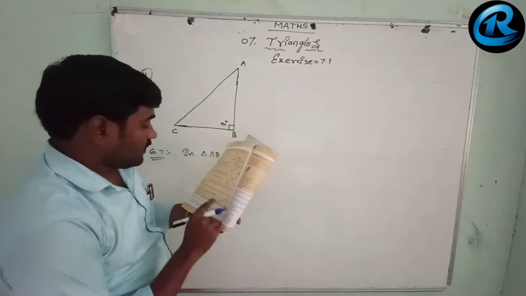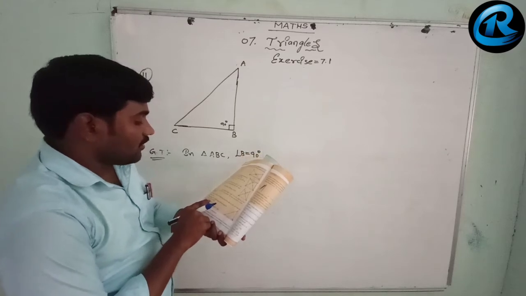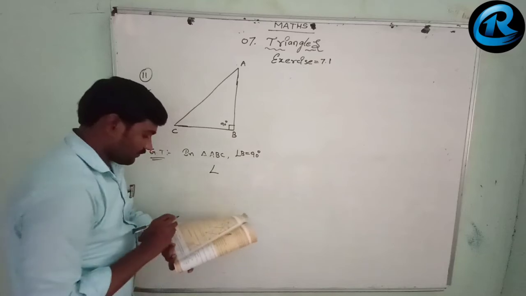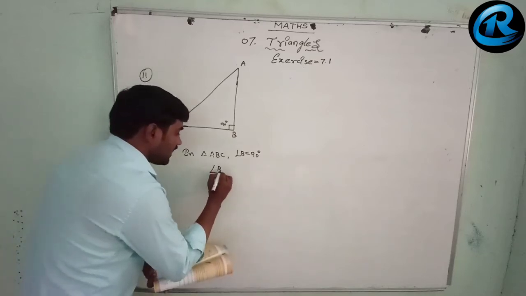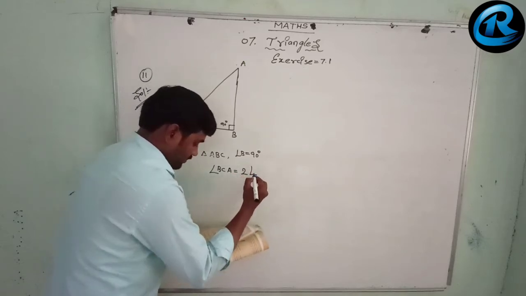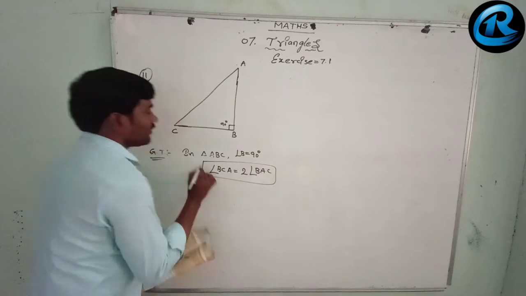ఇప్పుడు ఏమి ఇచ్చాడు చూద్దాం. Right angle triangle. Then angle BCA equal to twice angle BAC. Okay, here this is important.